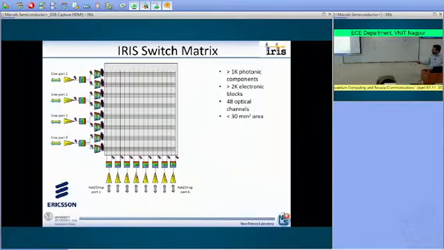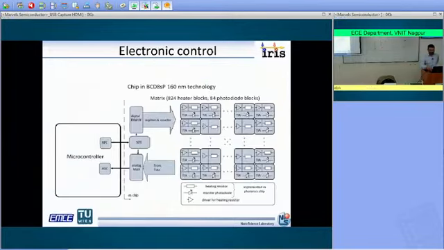Then you need to integrate an electronic block that is able to address, to inject or extract the signal from all these components. This was done at the Technology University in Vienna. We also needed the design of an ASIC circuit, which was able, on one side, to collect the current from the monitor photodiode, and on the other side, to provide the proper current to the heating resistor.